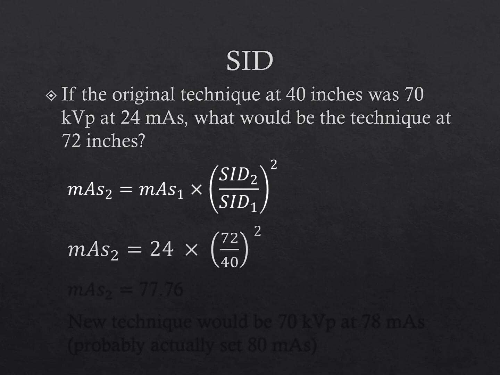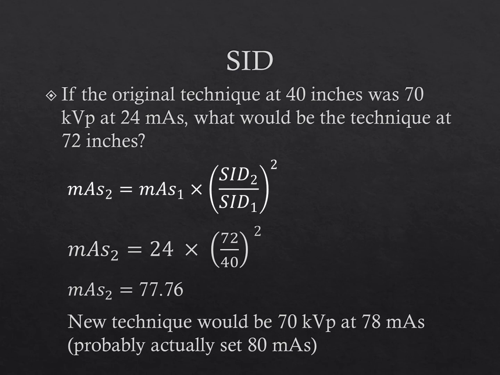Plugging in the information from the question, we have 24 mass times 72 inches, where we're going to, over 40 inches, where we came from, squared. Working the math out, our mass 2 comes out to around 77.76, or maybe 78. Probably, though, we would set either 80 mass or maybe 75 mass. Those are the ones that will be available on our machines.